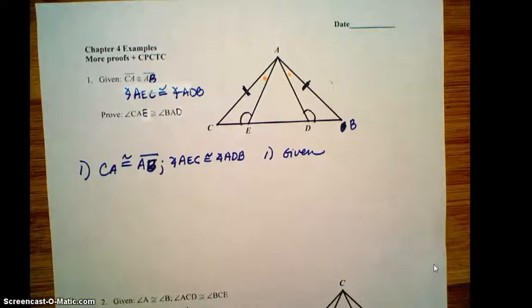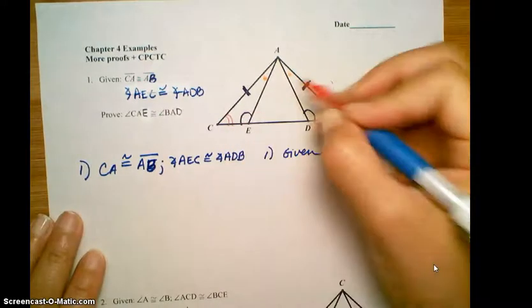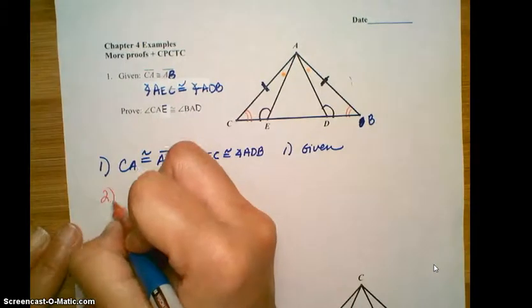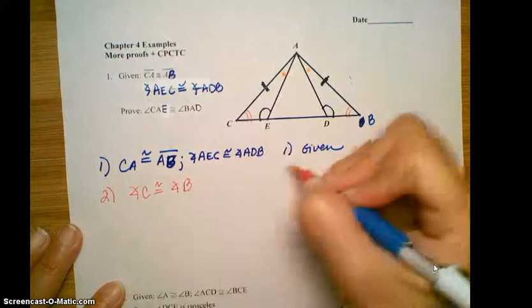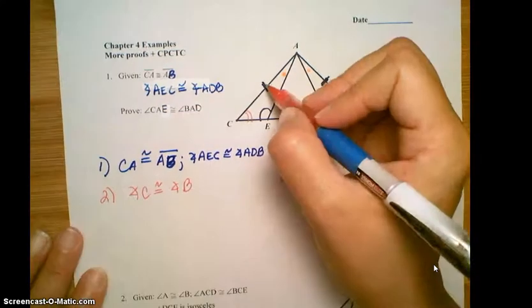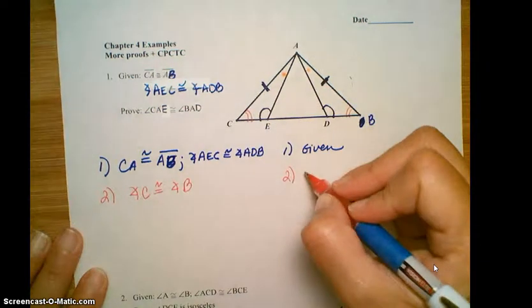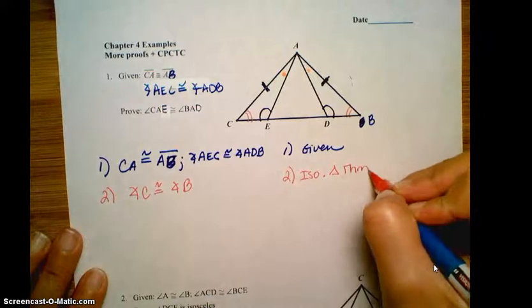That would mean I now know this angle C is congruent to this angle B, and of course, I want to say it in my proof. My reason would be, when you start with the sides equal and then say the angles are equal, that's the isosceles triangle theorem.